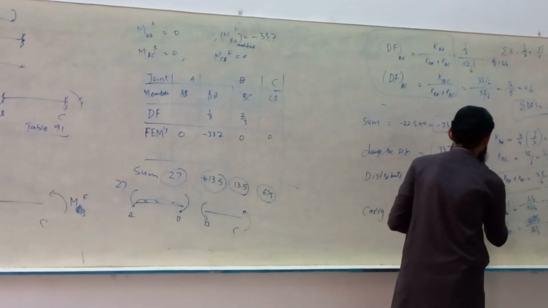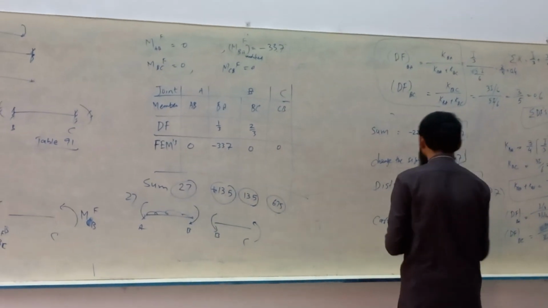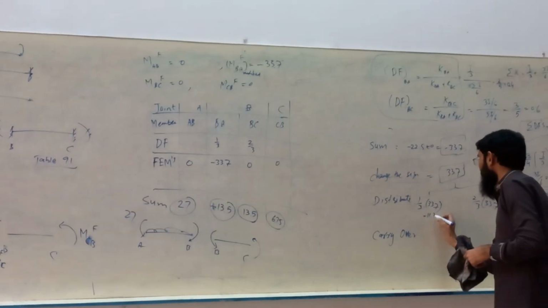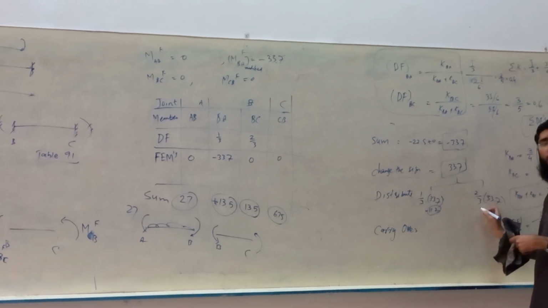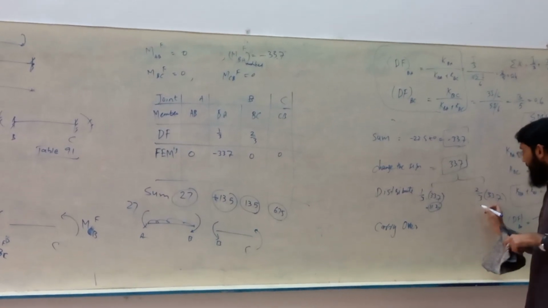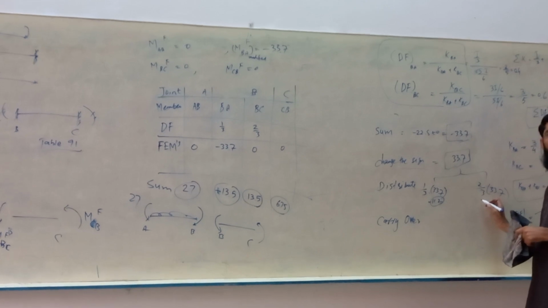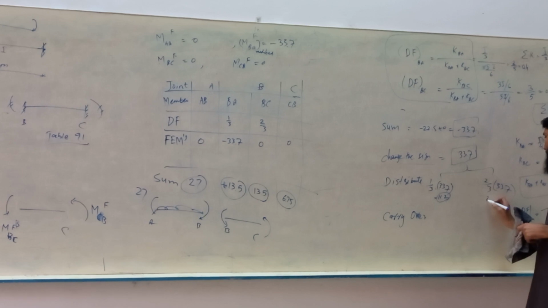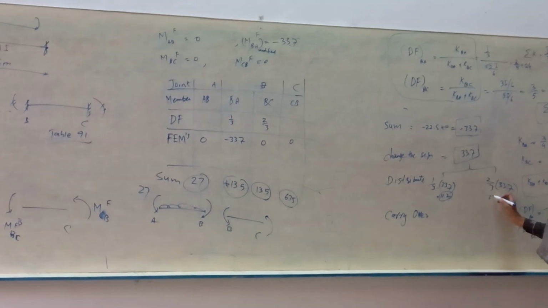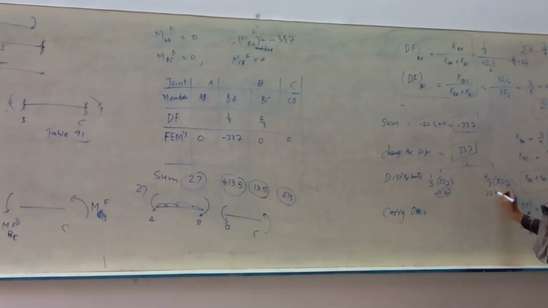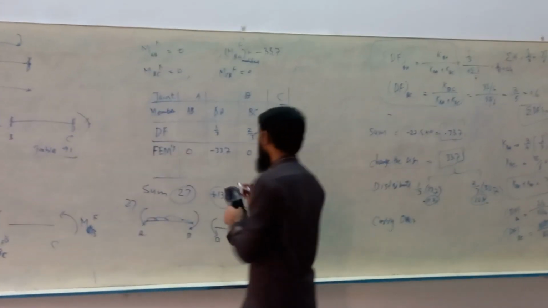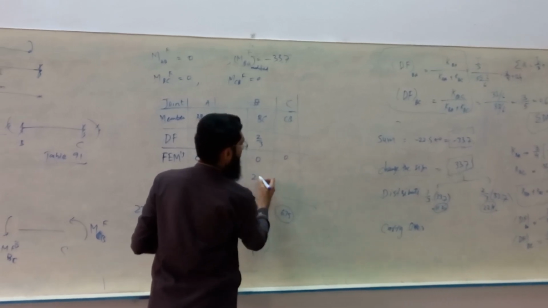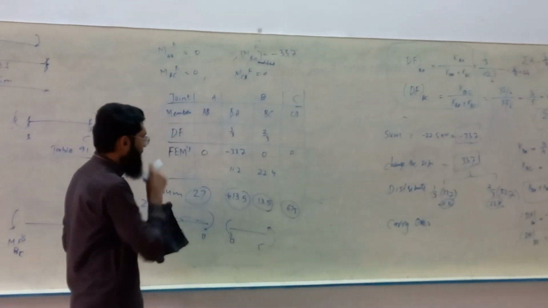This is also 33.7. What is the answer now? 11.2 and 22.4. Okay. So this is 11.2 and this is 22.4.